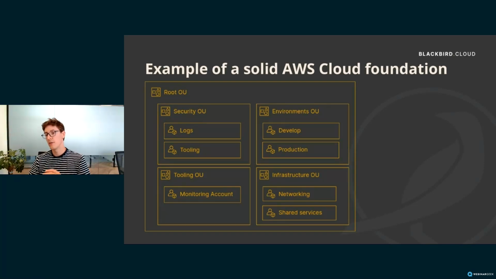There'll be an environments OU or workloads OU, where you have your development workloads running, and a production environment for your production workloads. There's an account where you keep all your monitoring tools. There's an infrastructure OU which holds your primary networking resources, and a different account for your shared services.